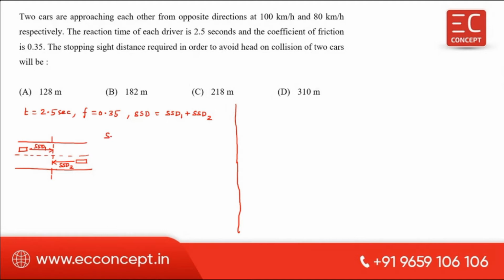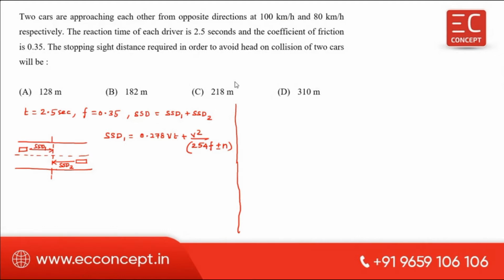SSD1 is equal to 0.278 Vt plus V square divided by 254F, plus or minus the gradient. This is the formula.